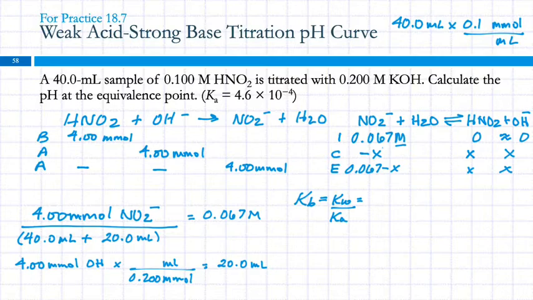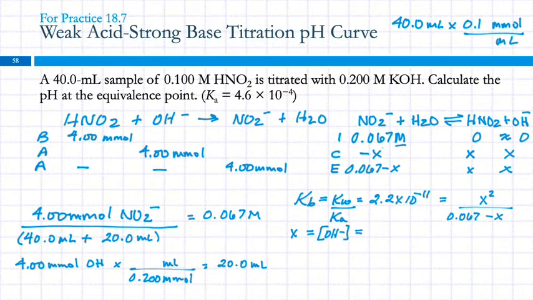2.2 times 10 to the minus 11? So that's Kb, and Kb is equal to x squared over 0.067 minus x. When we solve for x, x is going to give me the hydroxide ion concentration. What do you think?